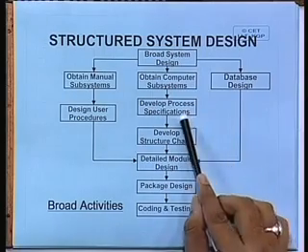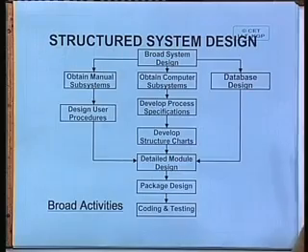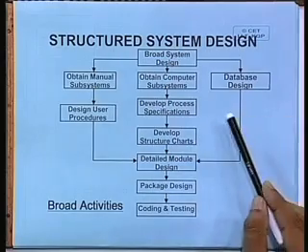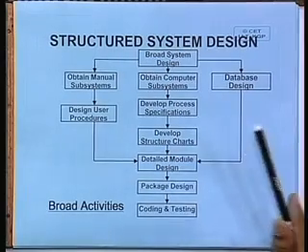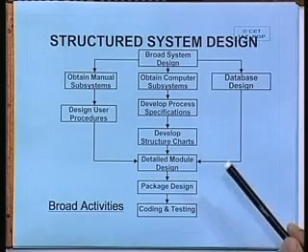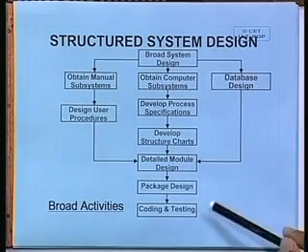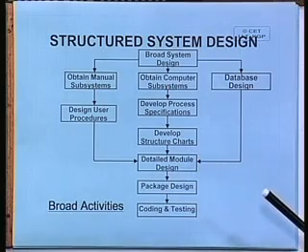What are process specifications? In terms of maybe structured English, decision trees, decision tables, etc. And as I told you, a structure chart is a diagram which shows hierarchically the interconnections between the modules.